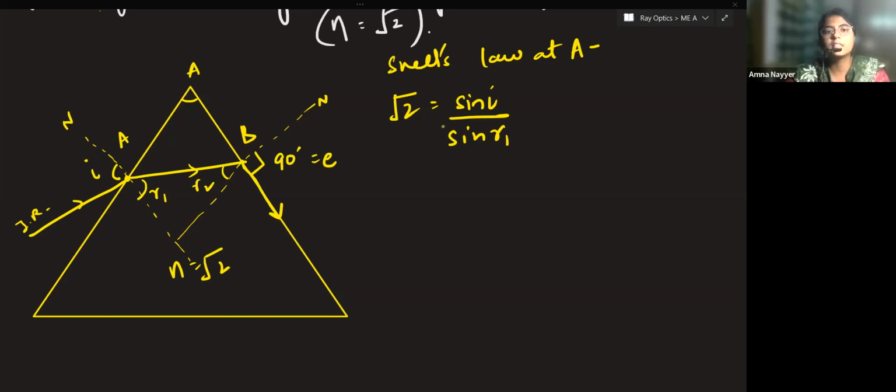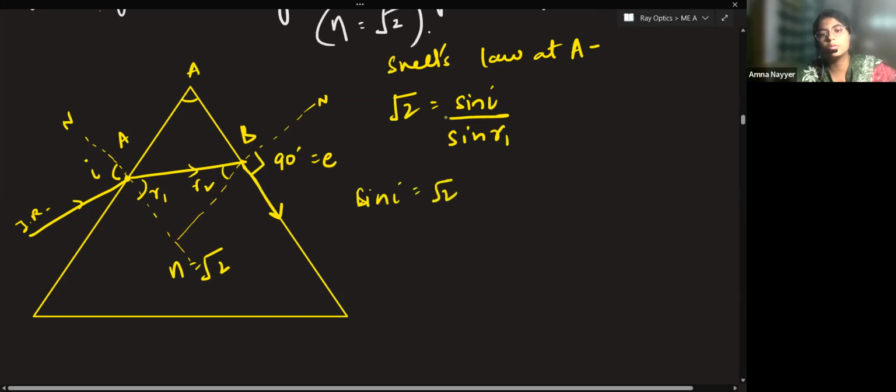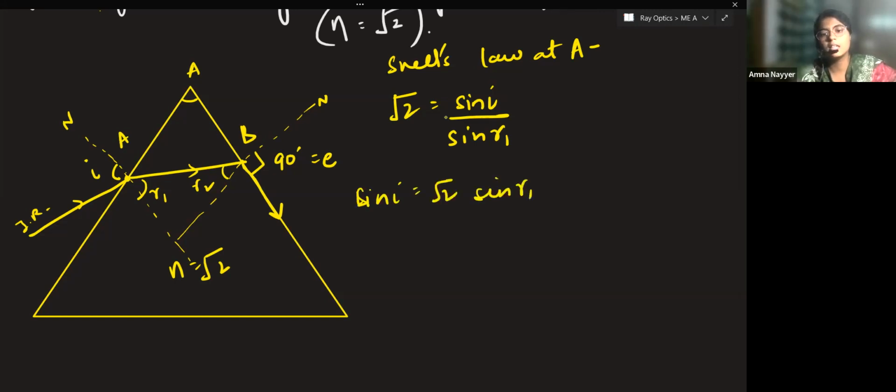Fine. If you write and calculate the angle of incidence from here, the rest of the things are unknown. Sin i will become root 2 into sin R1.